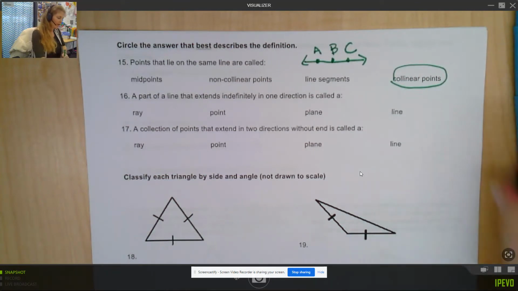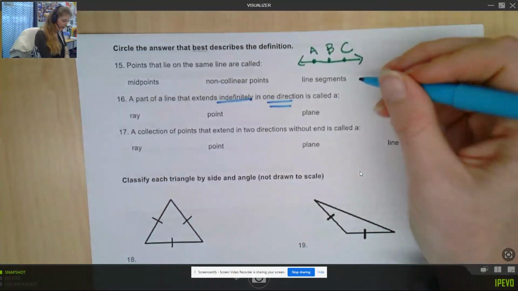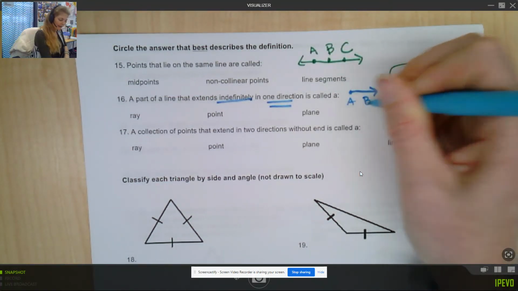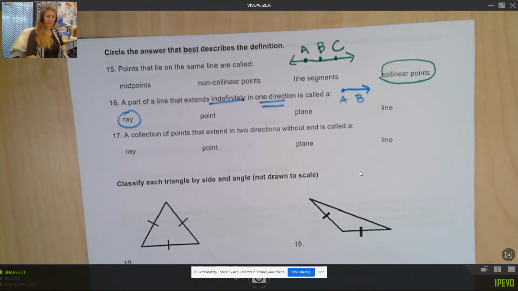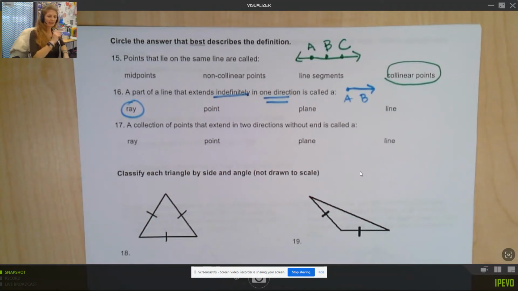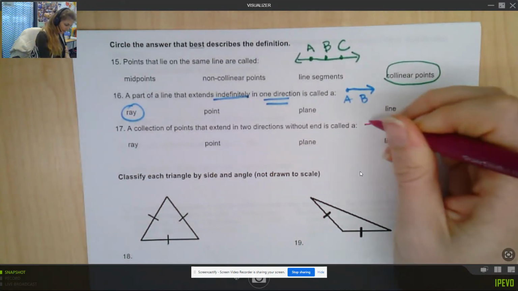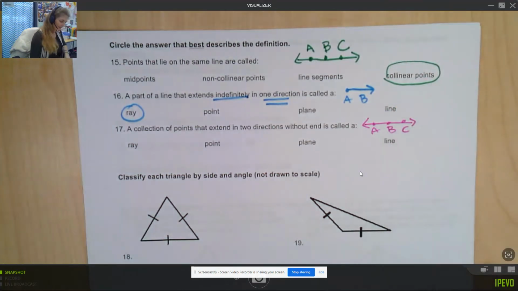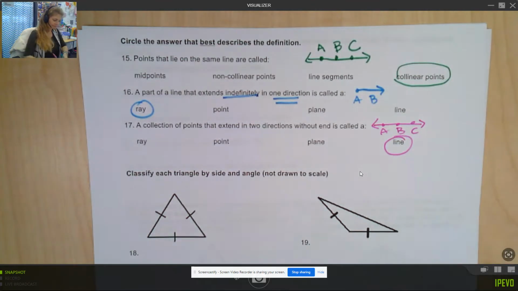The next one says a part of a line that extends indefinitely in only one direction is called a, well, this is what it might look like. Indefinitely in one direction, that's definitely a ray. Really nice job there. And the last one says a collection of points that extend in two directions without end is called a, so extending in two directions, we can have multiple points there. That is called a line.